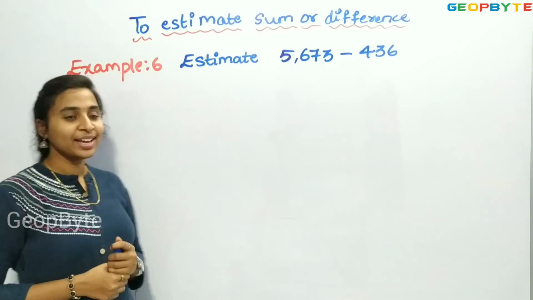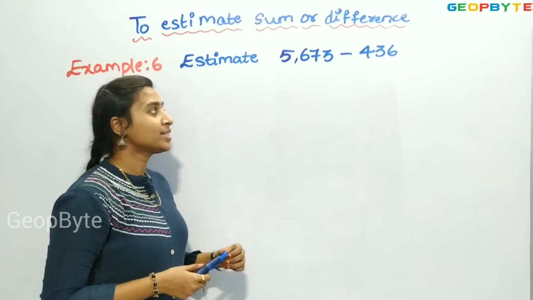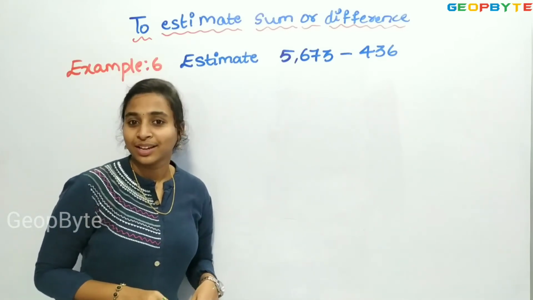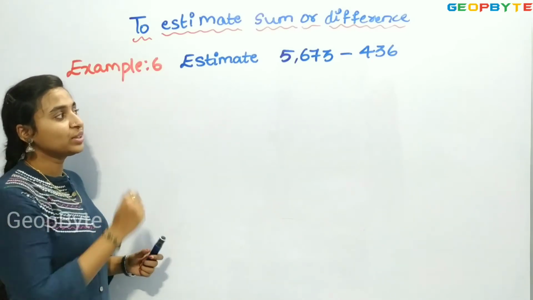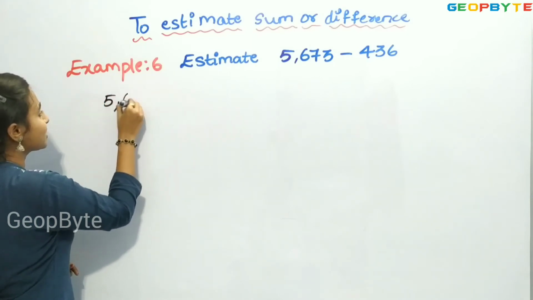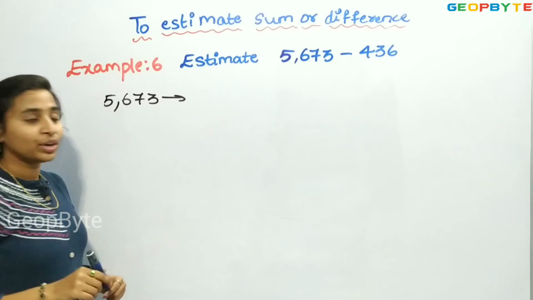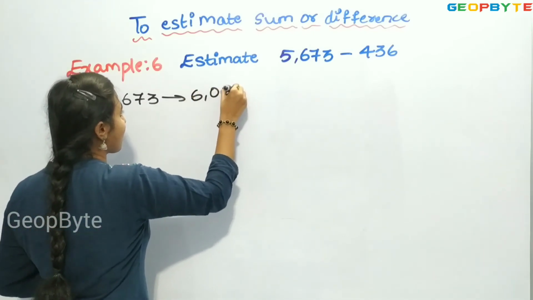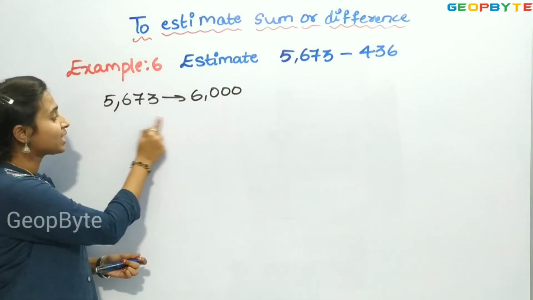Now let us see example problem 6. Estimate 5,673 minus 436. Right? First let us write the round off values for those two numbers. 5,673 will be rounded off to 6,000. Because see, here we have 673.